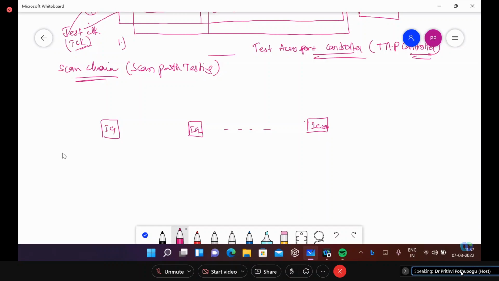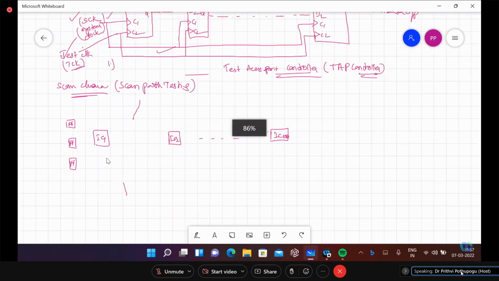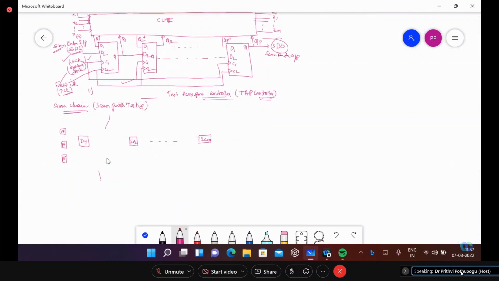Now, we take the flip-flops, the dual port flip-flops that we have used here. If you put this type of flip-flops in the path between the ICs we are testing, these are flip-flops and these are ICs.